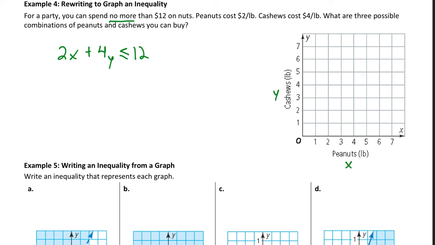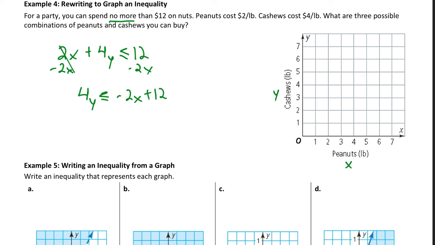The problem with this inequality is that it is not y equals. So I want to walk you through the steps, and it's important that you write out each of the steps to solve for y. So to get this into y equals mx plus b form, slope-intercept form, I'm going to subtract 2x first from both sides. So this becomes 4y is less than or equal to -2x plus 12.